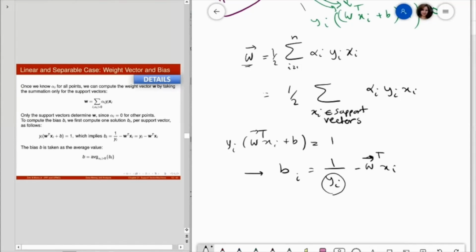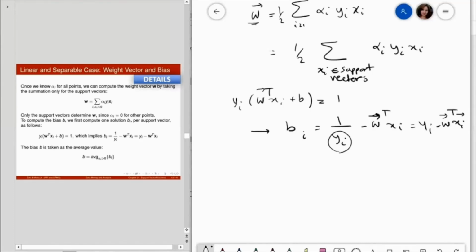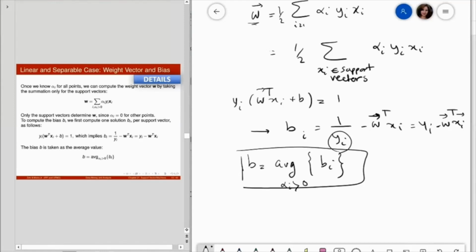So it is equal to yi, because 1 over 1 is 1 and 1 over -1 is -1. So it's yi minus w transpose xi. For each of my support vectors xi, I can find a bi. These are going to be close to each other anyway, but I'm going to take the average of those over all the support vectors for which alpha i's are positive, and I will set my final B to this. Okay.